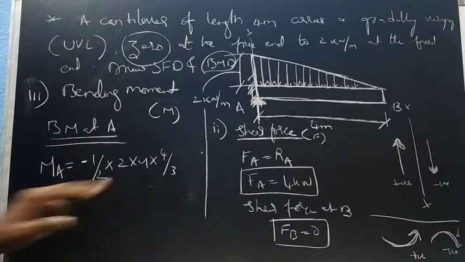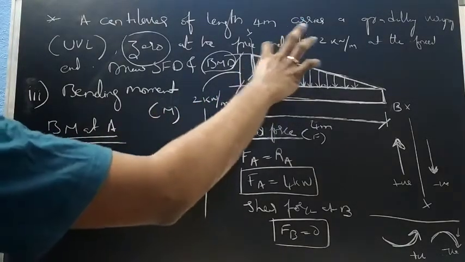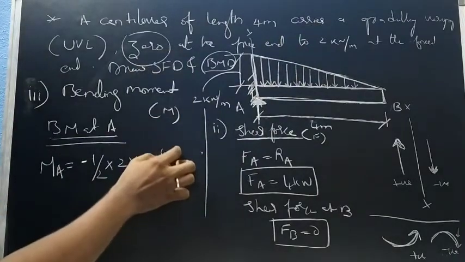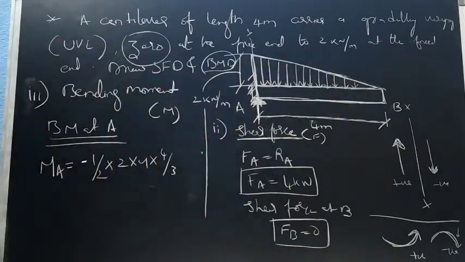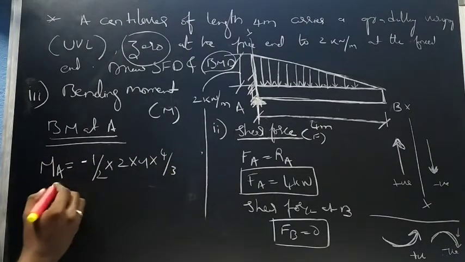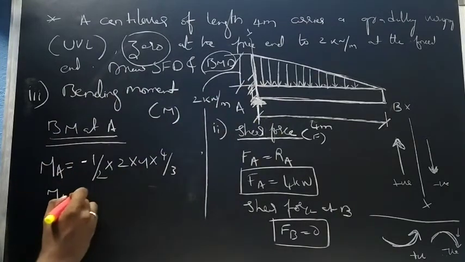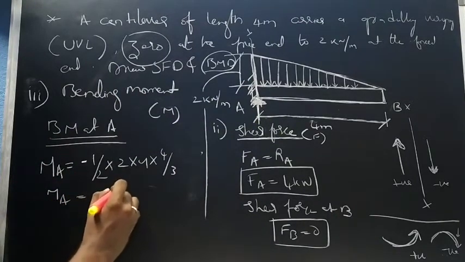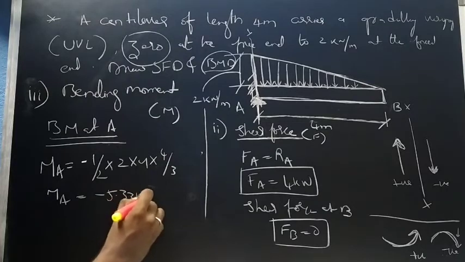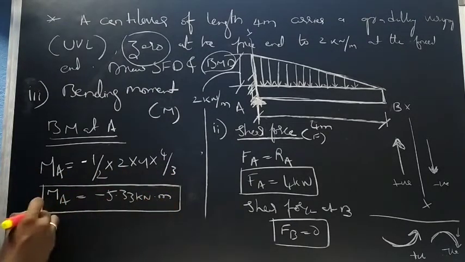So here there will be a maximum bending moment, somewhere at a point here. For a uniformly varying load, we take 4/3, right, because the span length is 4. So now from here I can get minus 5.33 kilonewton meter. So this is the bending moment at A.